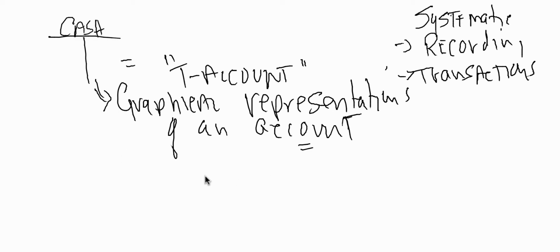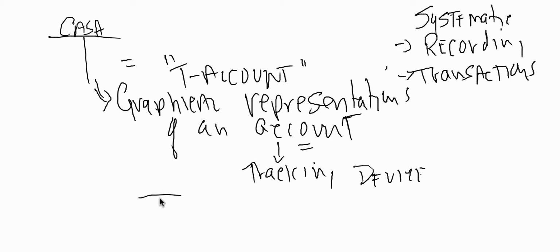Now, all an account is, is a tracking device. That's all it is. So in other words, all those transactions we talked about, we can have T accounts for all of them.